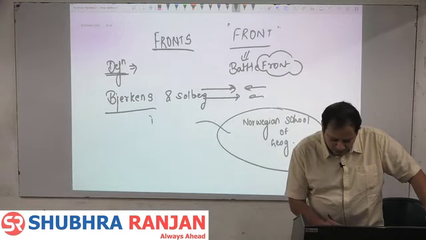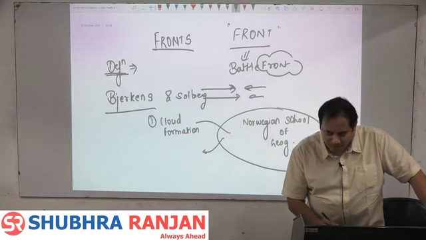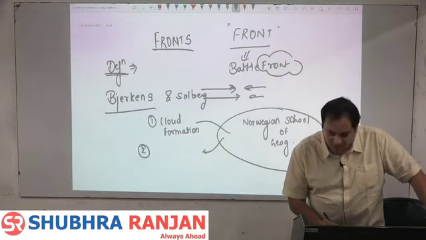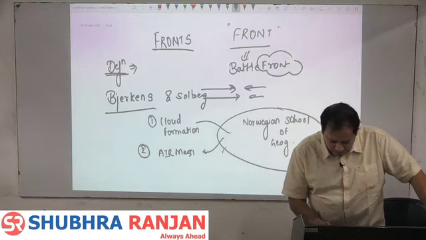You have to write three things. First, about cloud formation, Bergeron. Second, you have to write regarding the air masses, that they gave the concept of air masses. And third, you have to write that they gave the concept of the fronts.